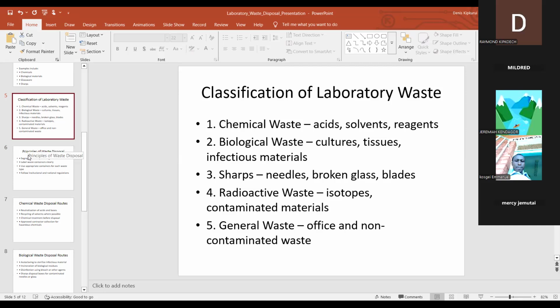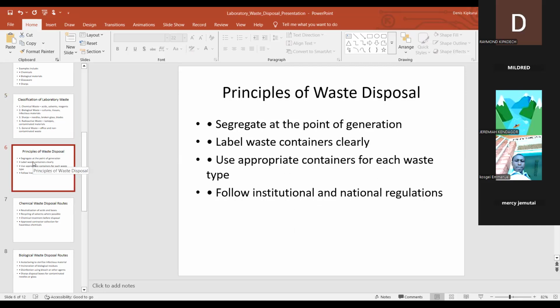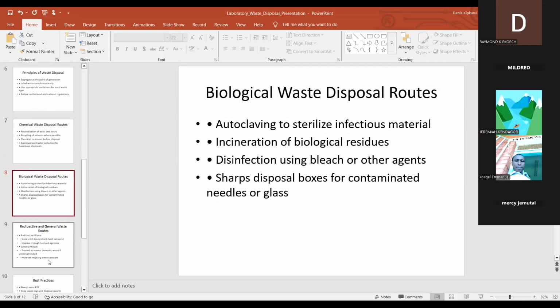And just to mention a few laboratory waste disposal routes, take the biological waste. How can we dispose of it? We can dispose of these wastes by determining whether they are hazardous.